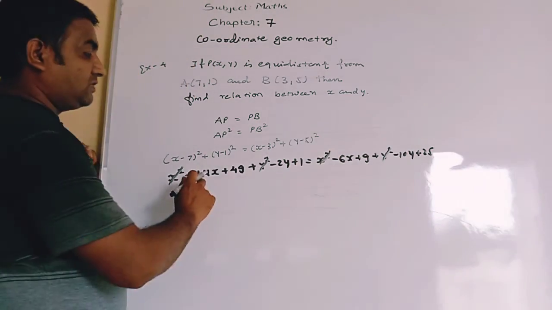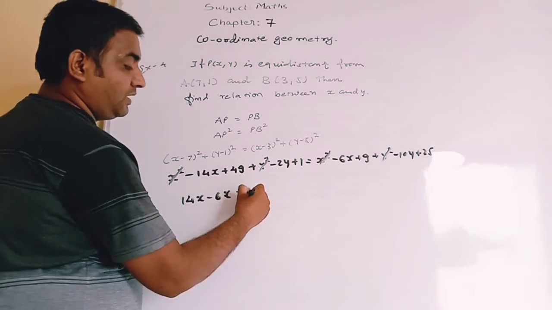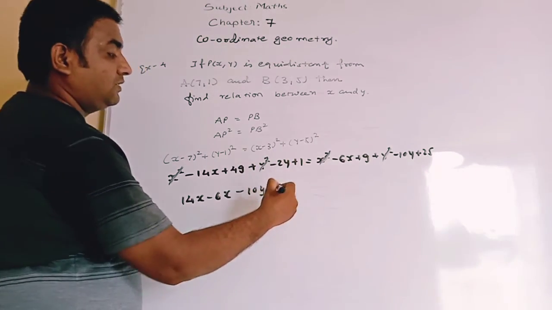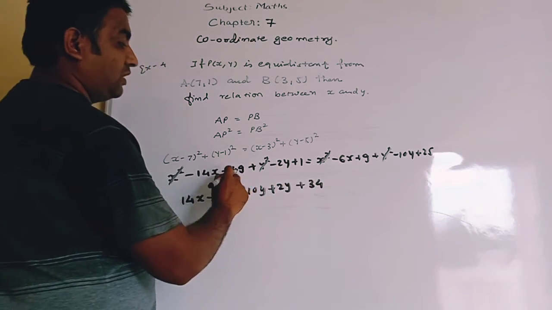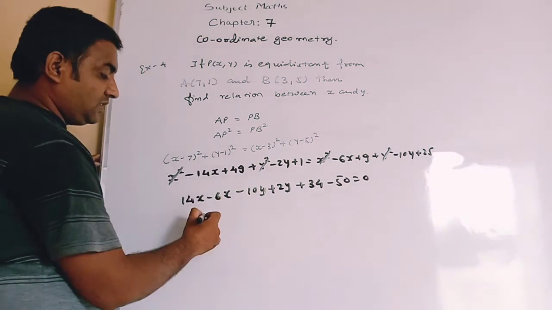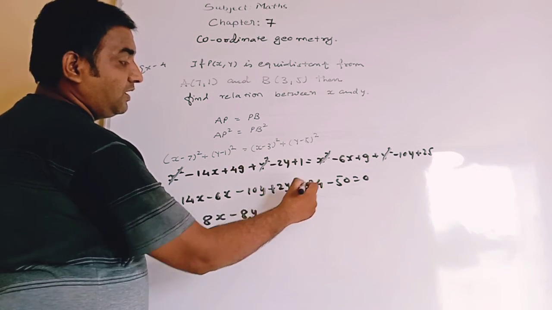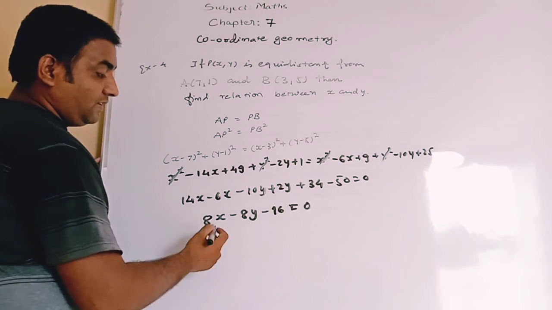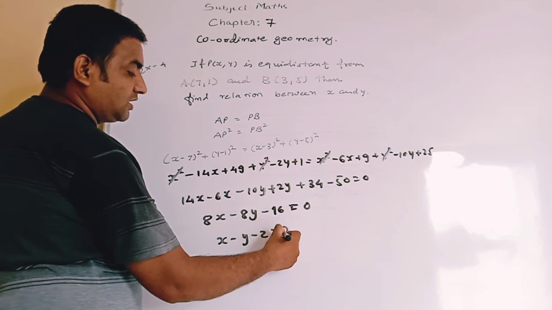Now minus 14x will go that side, so 14x minus 6x, and minus 10y and minus 2y will go that side, and here 25 and 9 is 34, and this 49 plus 1, 50, will go that side, minus equals 0. So 14 minus 6 is 8x, minus 10 plus 2 is minus 8y, and 34 minus 50 is minus 16 equals 0. So here all three are divisible by 8, and so x minus y minus 2 equals 0.